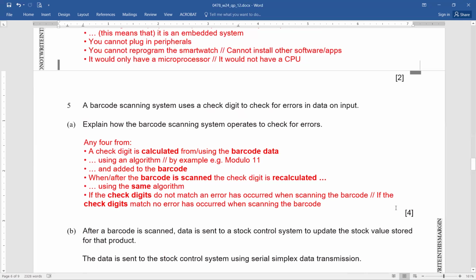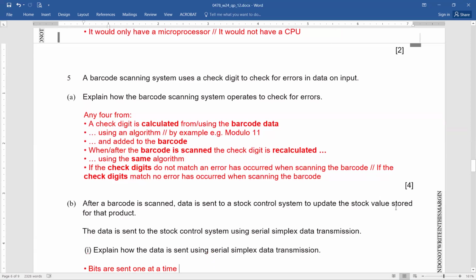Part B. After a barcode is scanned, data is sent to a stock control system to update the stock value stored for that product. The data is sent to the stock control system using serial simplex data transmission. Explain how the data is sent using serial simplex data transmission.